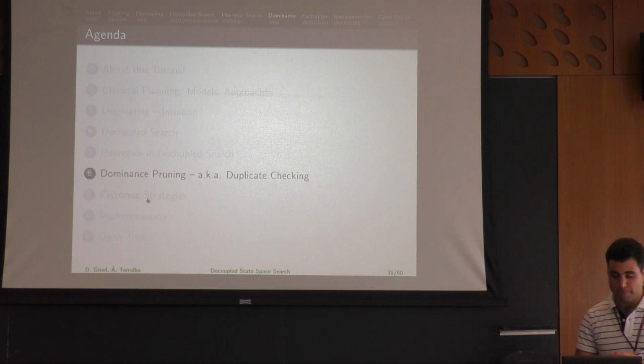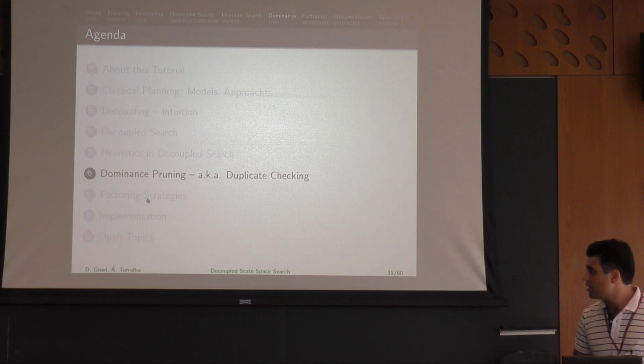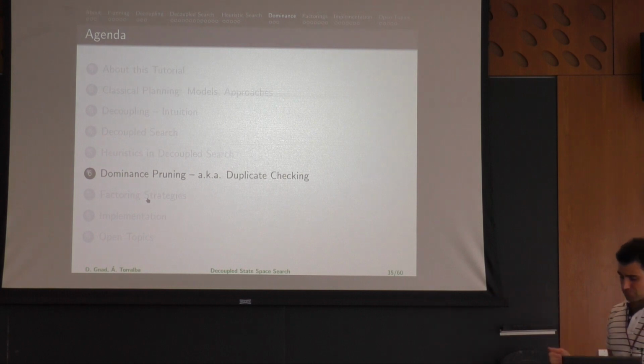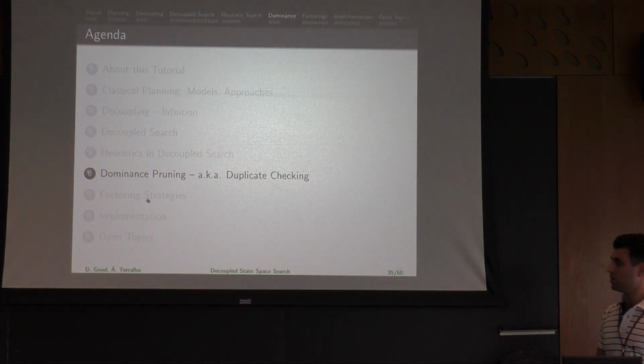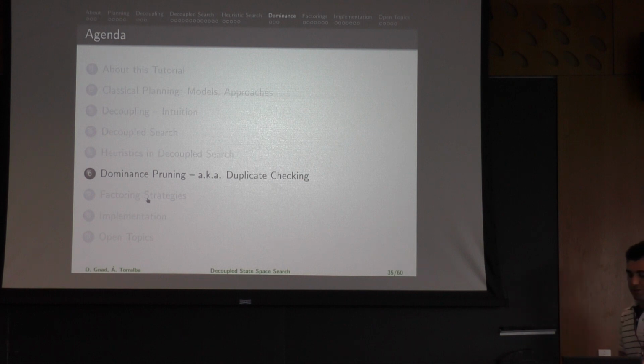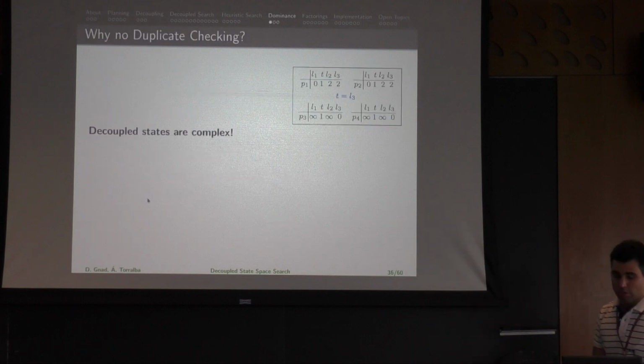Okay, so that's about how to apply heuristic search, but there is still a problem if we apply a standard A-star search in this graph. It won't work at all. And the reason is that duplicate checking is just not good enough in the decoupled search.